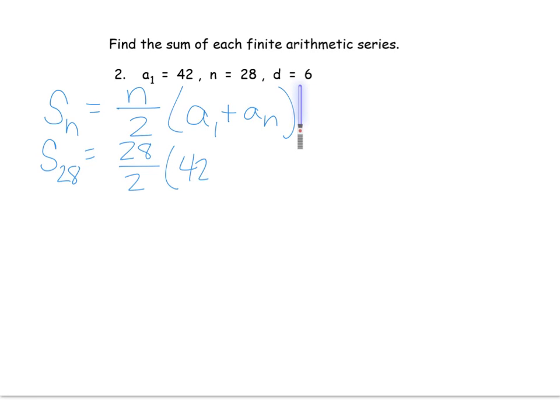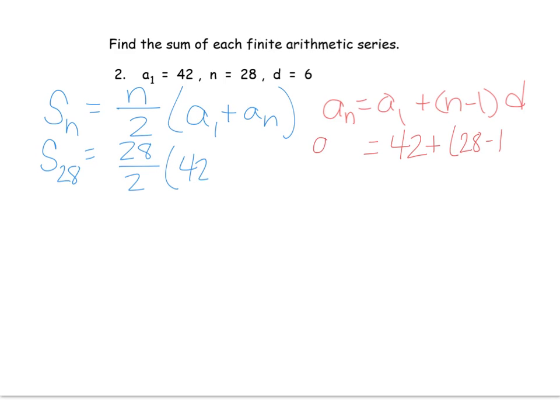And the way we're going to do that is we're going to divert back to the formula that we studied last week, the arithmetic sequence formula. So going back to the arithmetic sequence formula, if A1 is the number 42, and we're talking about the 28th term, we can find the 28th term, which is our AN, because we know that the common difference is 6.